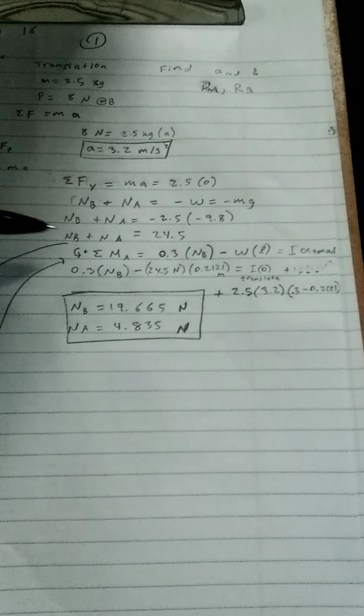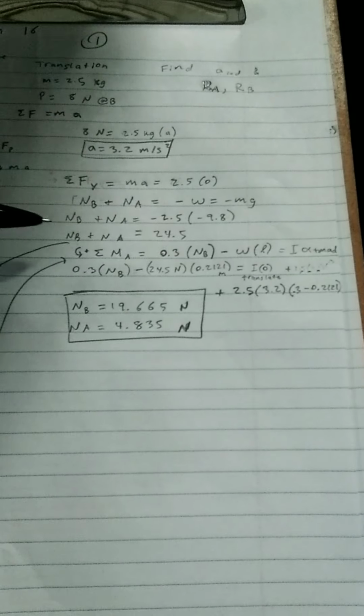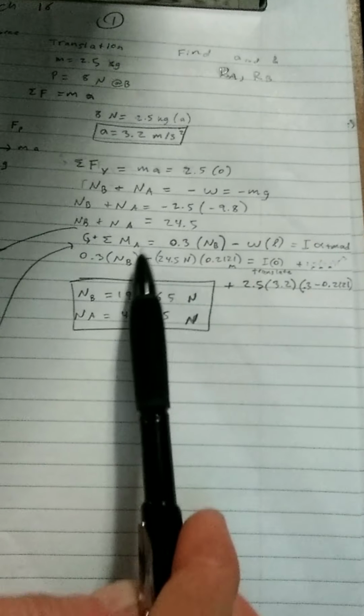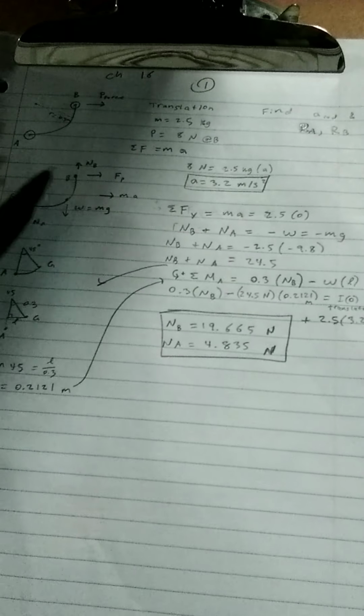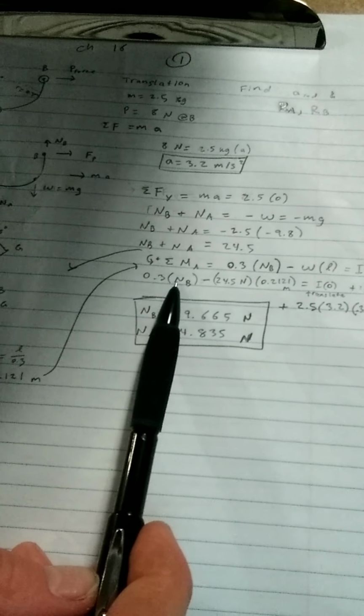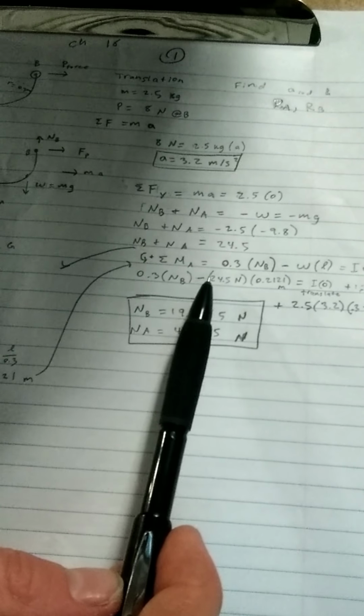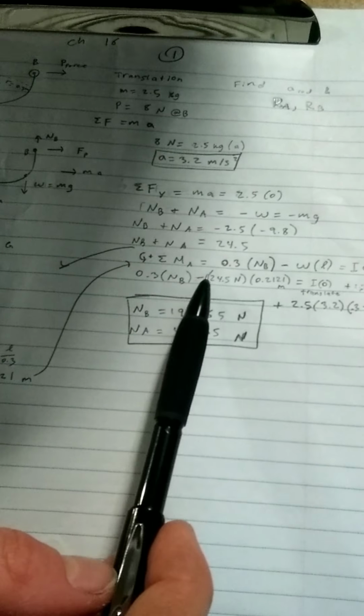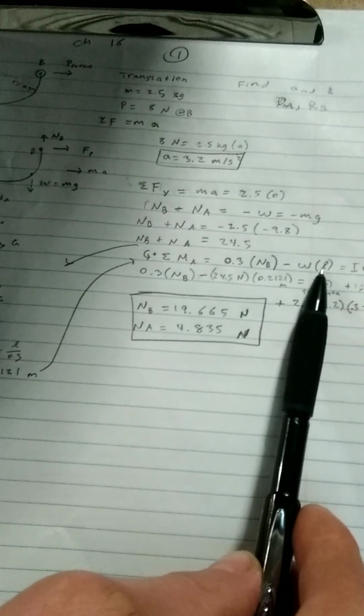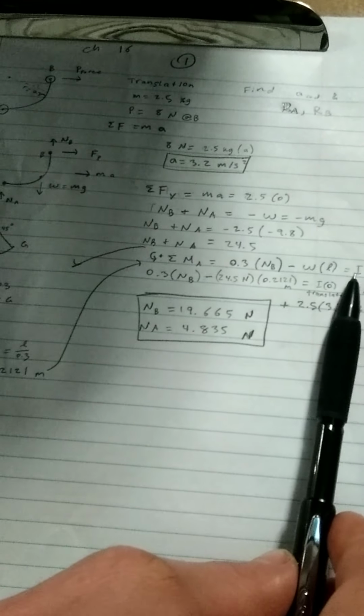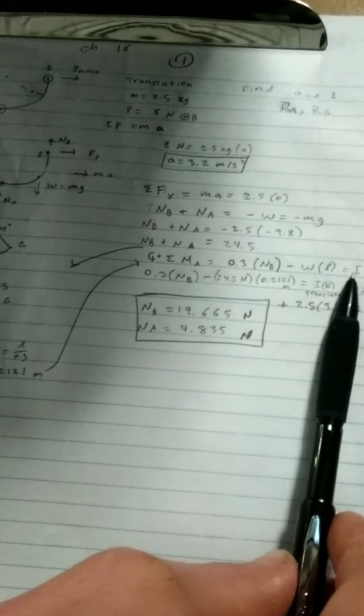We're going to do our moments around A, the sum of the moments about point A. We have, and then equals our 0.3, which is our radius, because the distance between point A and point B just laterally here is 0.3, times the normal force at B, minus our weight times the length, and I've just denoted length as L right here, and I'll get to that in a second, equals our inertia times angular acceleration, plus mass times acceleration times distance.